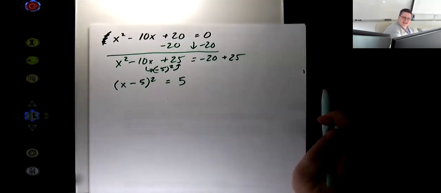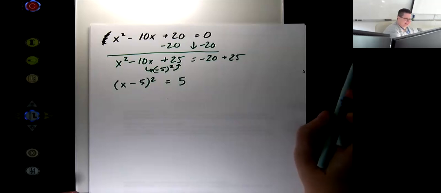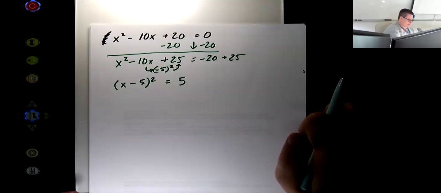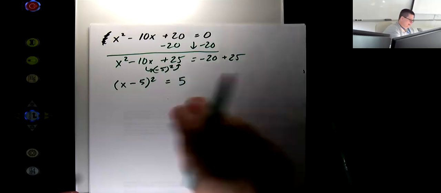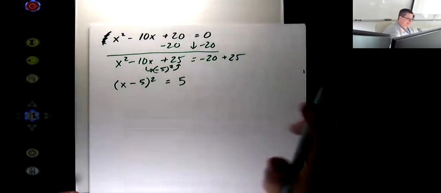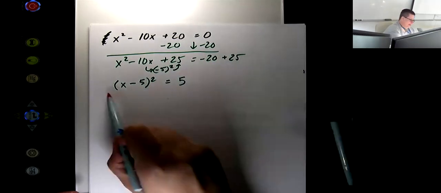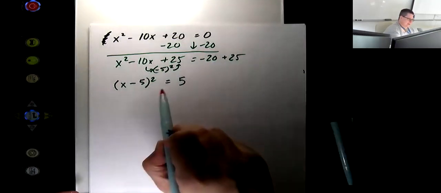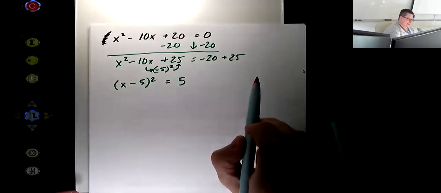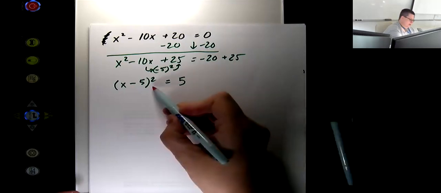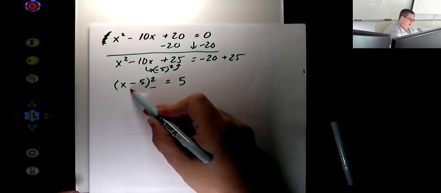That's right. That's fine. So what is affecting x right now? Like, what do we want to get rid of on the left side to get x by itself? We want to get rid of the square and we gotta get rid of the negative 5.